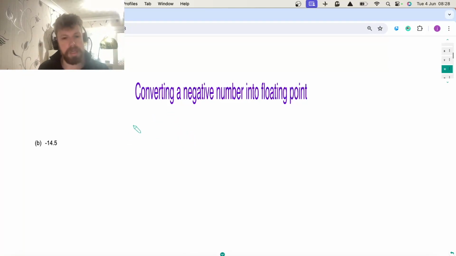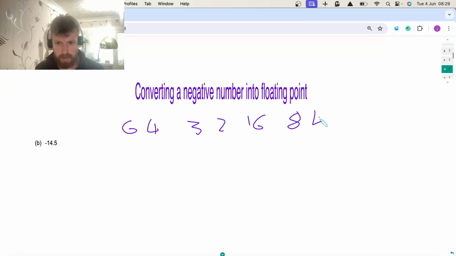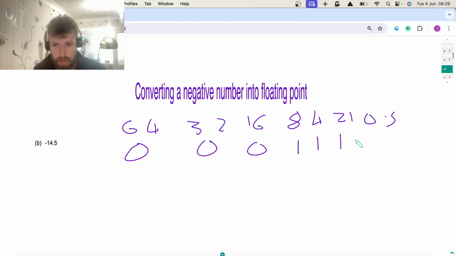So on this one here, we'll go for 64, 32, 16, 8, 4, 2, 1, and then we're going to do 0.5. Okay, so then we're just going to put our numbers in like so. So we're going to go for 14, which is going to be 0, 0, 0, 1, 1, 1, 0, and then we'll put in a 1 there.